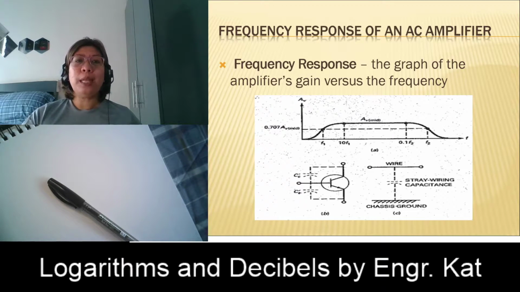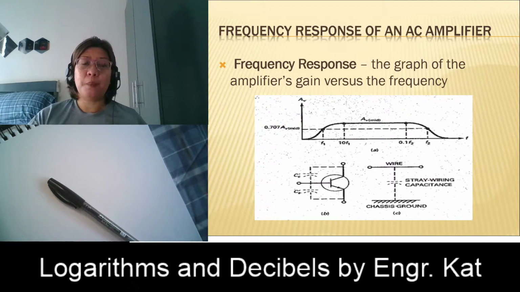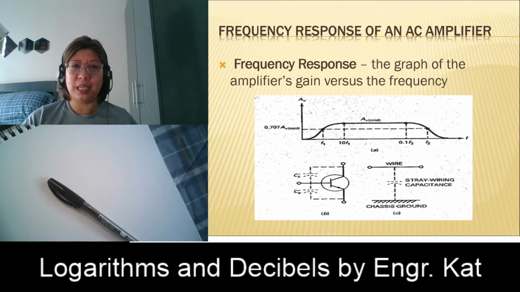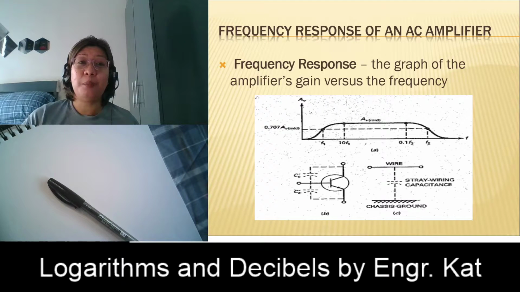What causes the frequency response? At the higher frequency range, it is usually made up of what we call intercapacitive reactances. As you can see, they are shown as dotted lines, so they are not made up of a component that you borrow in the laboratory.